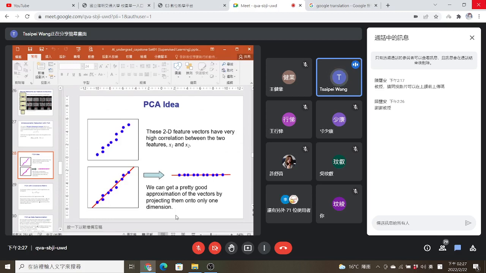For dimensionality reduction, you can get a pretty good approximation if this is a direction that comes with a large correlation in the original space. The projection along this line is a very good approximation of the original point.